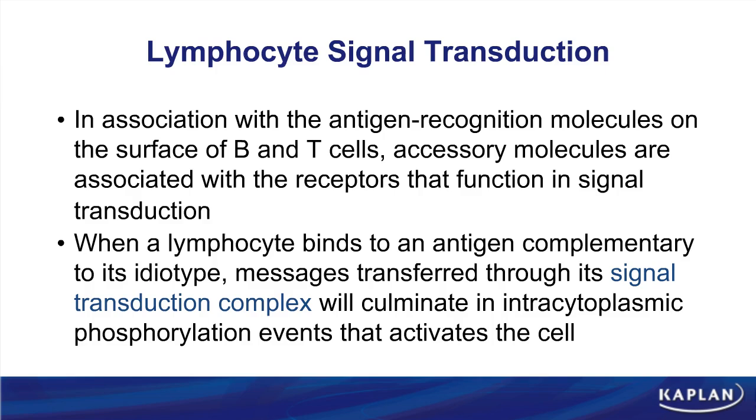Those molecules are needed because the B cell and the T cell receptors have very short cytoplasmic tails. In order to transduce a signal across a cell, you need longer, wavier cytoplasmic tails that can associate with tyrosine kinases and be phosphorylated, and that's where these molecules come into play.